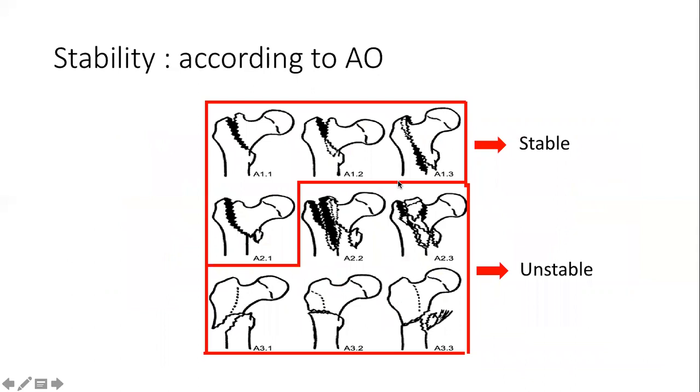AO has classified up to A2.1 as stable, and from A2.2 to A3.3 as unstable. But then again, this has inter-observer variability, and this does not often coincide with specific implant choice.